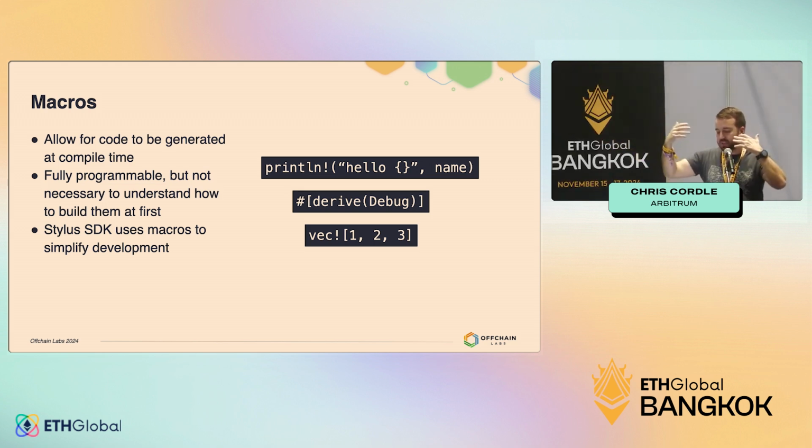A lot of times it'll save you time from writing a lot of boilerplate that you would otherwise have to write. So macros are really powerful and really useful. If you're new to them, just note that this is what's happening, but it does take a while to fully wrap your head around macros if you're totally new to them.